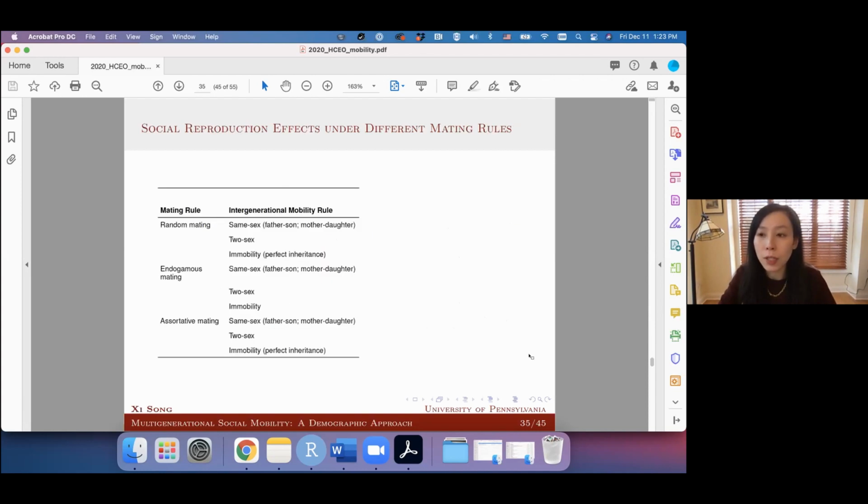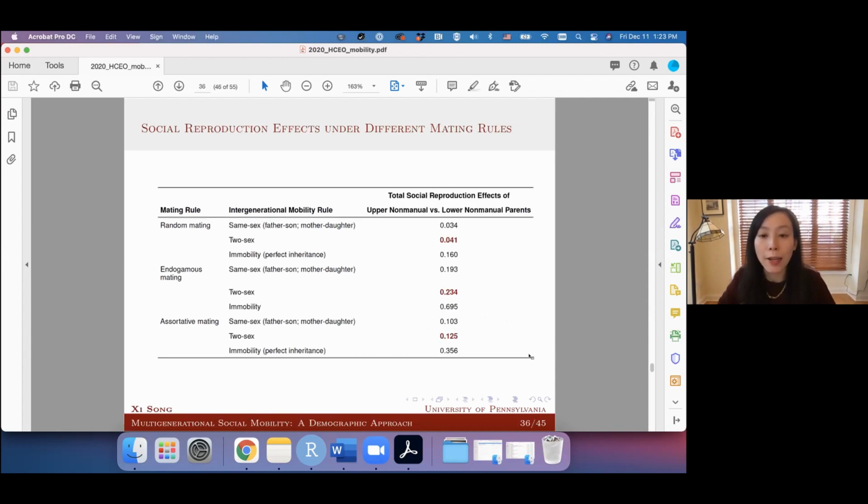I think I will skip some of this as I'm running out of time, but what I want to highlight is that when we consider different mating rules, the assortative mating that we observe in a population is actually bounded by the other mating rules. Random mating is a mechanism that can reduce the intergenerational reproduction of inequality, whereas endogamous mating can reinforce inequality.